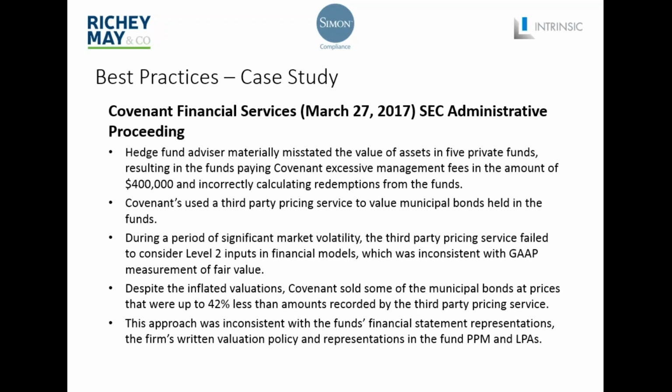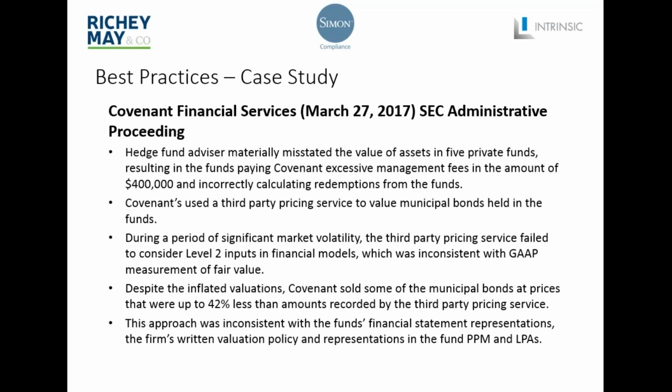The interesting thing is that Covenant did use a third-party pricing service for their valuations, and these were for municipal bonds. I've been trying to find something on point for level 3 assets and there isn't anything completely, so I'm trying to read between the tea leaves, and these two cases are ones that we can hope can help us with that. What the SEC found was that the third-party pricing service did not consider level 2 inputs into the models, which they thought was inconsistent with GAAP and fair value, that it shouldn't have just been level 1 inputs.